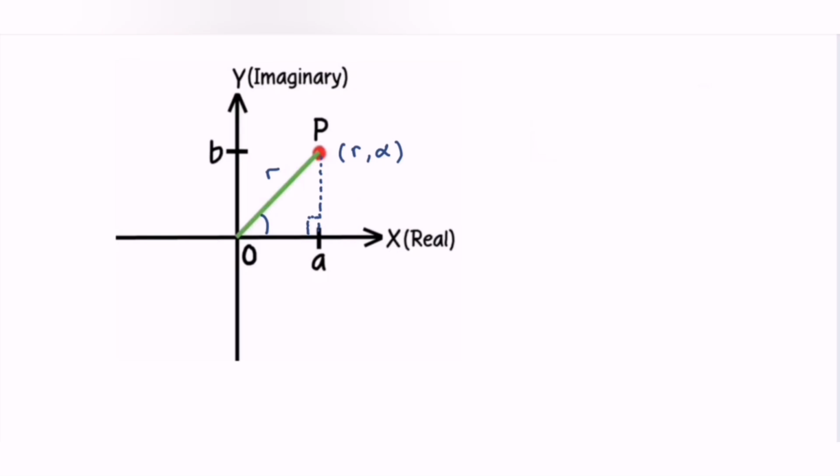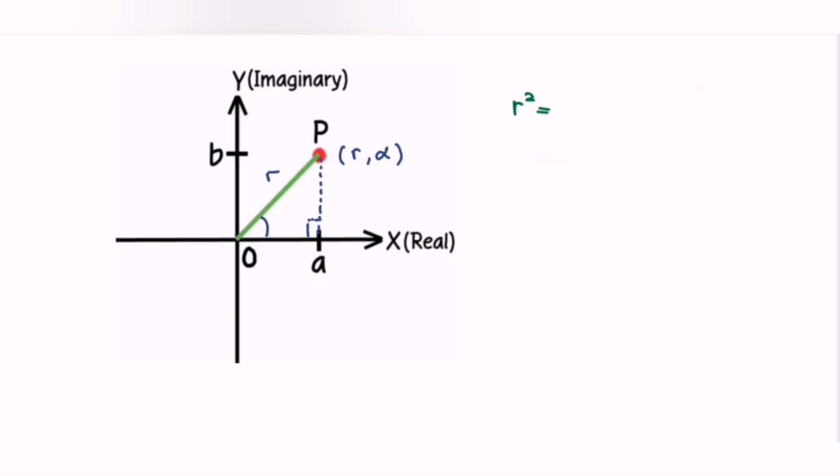So now, let's just focus on this triangle. Let me ask you a question. Can you tell me the length of R in terms of A and B? I think you should be able to answer this, as this is a right angle triangle, and we can use the Pythagoras theorem to find R, where we have R squared is equal to A squared plus B squared.